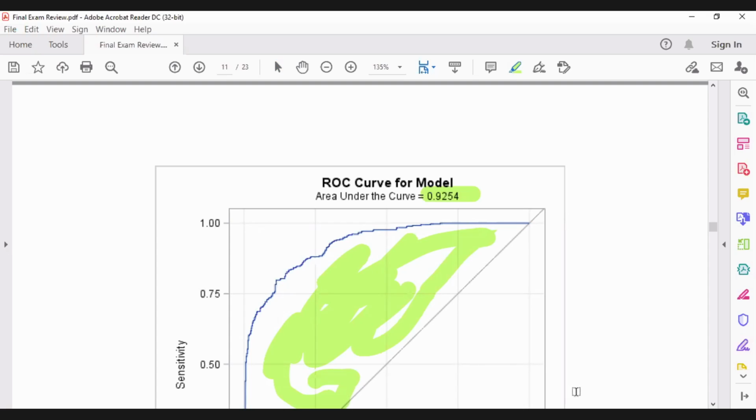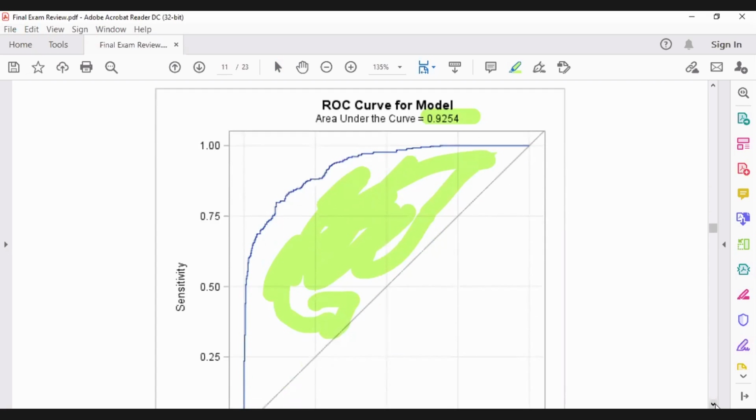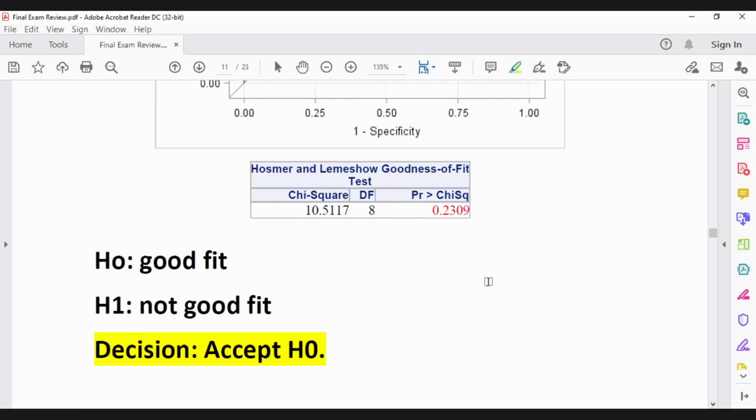The Hosmer-Lemeshow test shows a p-value of 0.1309, meaning that the null hypothesis that the model is showing a good fit is accepted. So H0 is accepted.